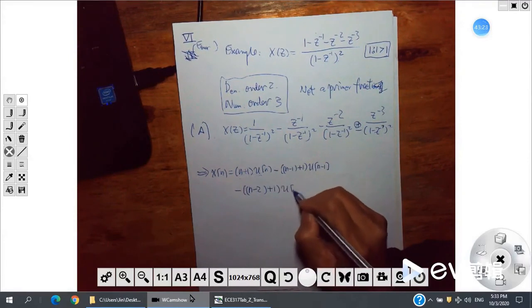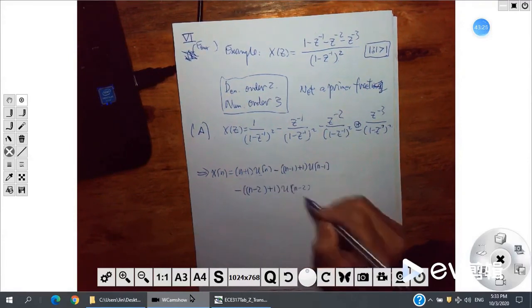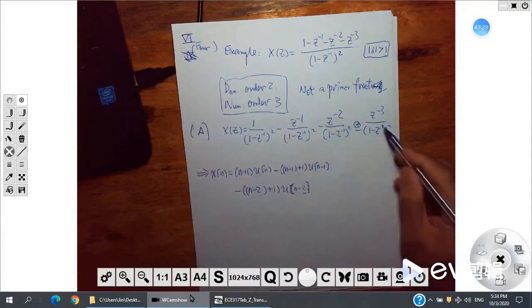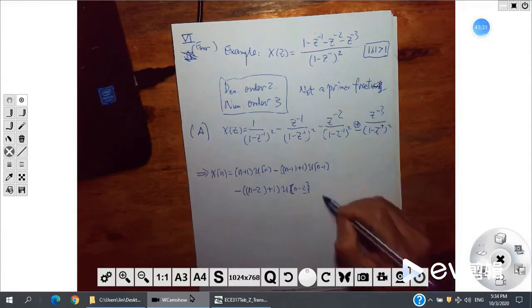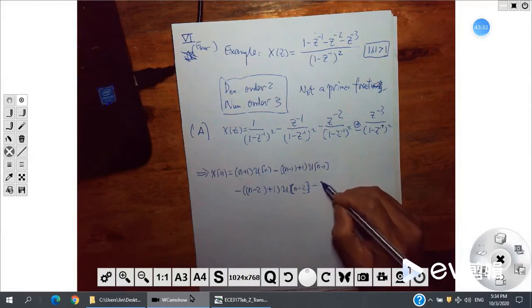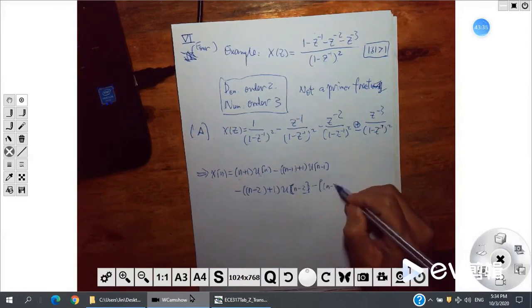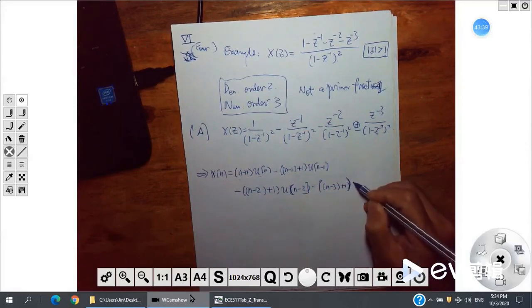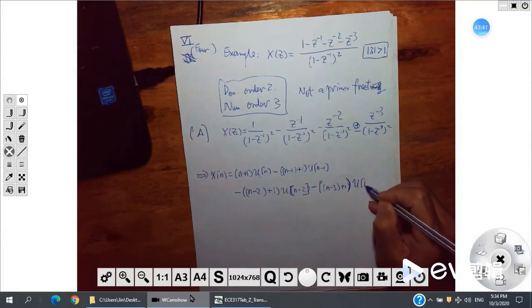U of n minus 2. And the last one is shifted by 3, so this is a minus, n minus 3 plus 1, and u of n minus 3.